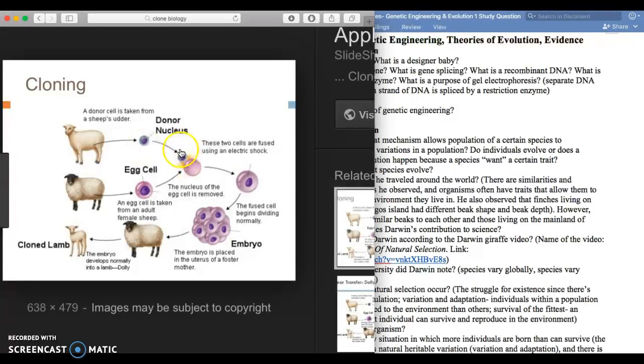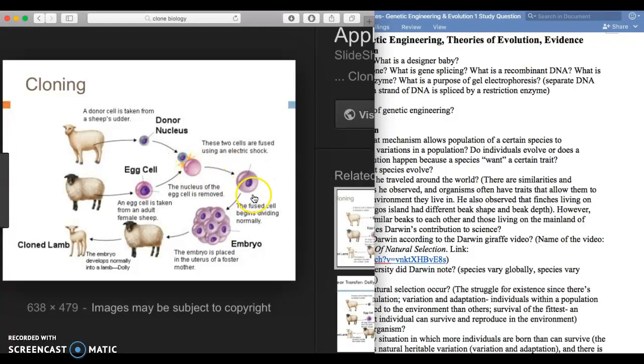After we take out the nucleus from a cell from this sheep, we fuse it with an egg cell without the nucleus, so that there are enzymes within this egg cell that can allow the cell to divide properly.